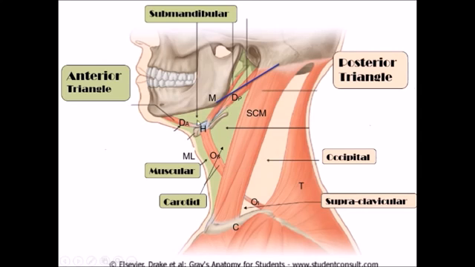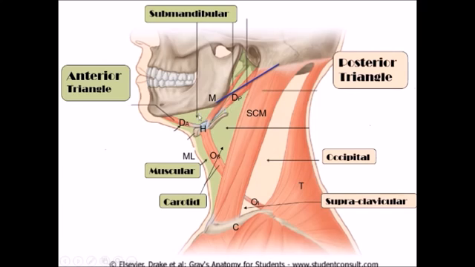Because out of the three boundaries of the triangle, two boundaries are by digastric, it is also called the digastric triangle. Okay, so once again I repeat, the base is formed by the base of the mandible and the imaginary line drawn from the angle of mandible up to the mastoid process. Anterior-inferiorly we have the anterior belly of digastric. Posterior-inferiorly we have the posterior belly of the digastric.